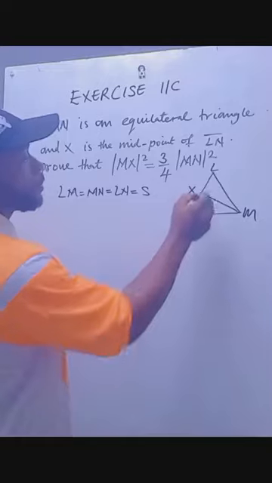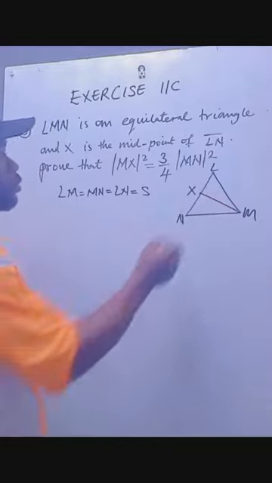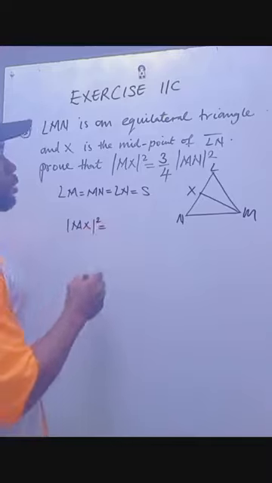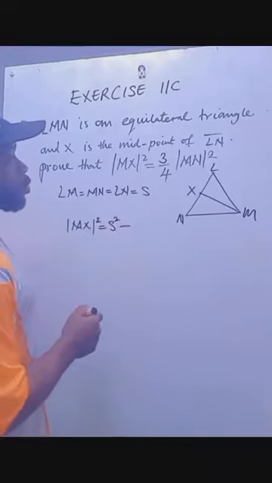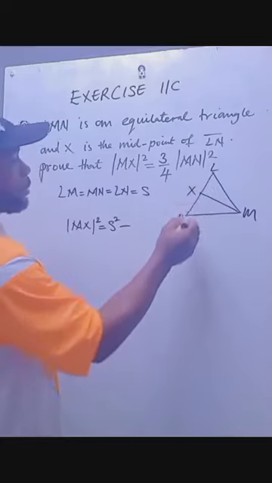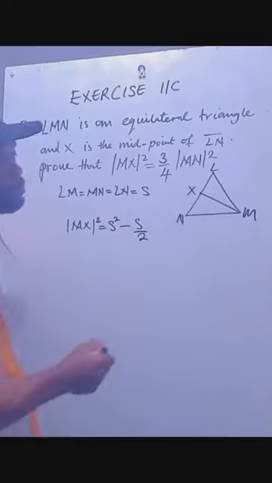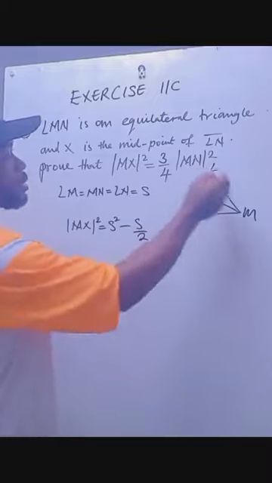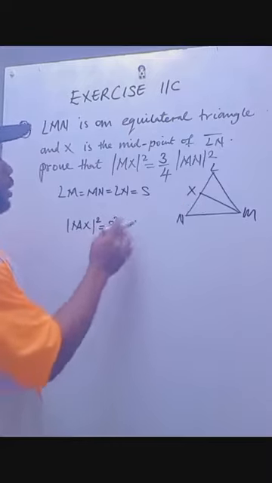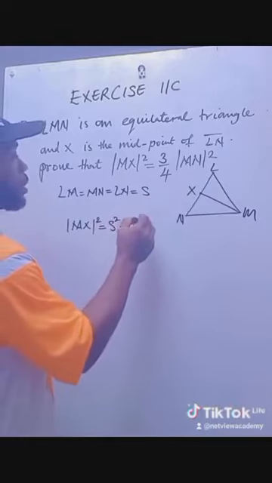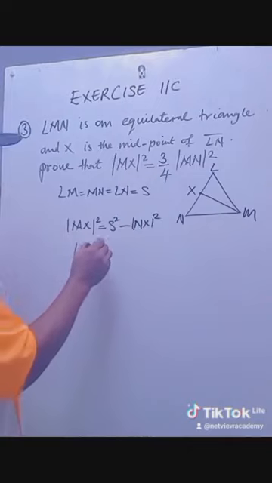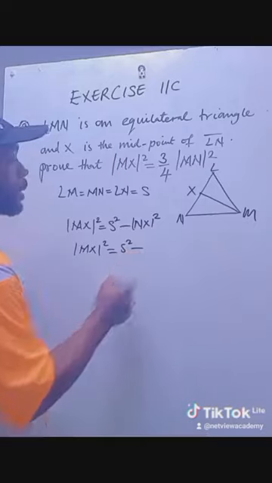Therefore, to find this line, the value of MX squared is equal to x squared minus the value of x over 2 squared.